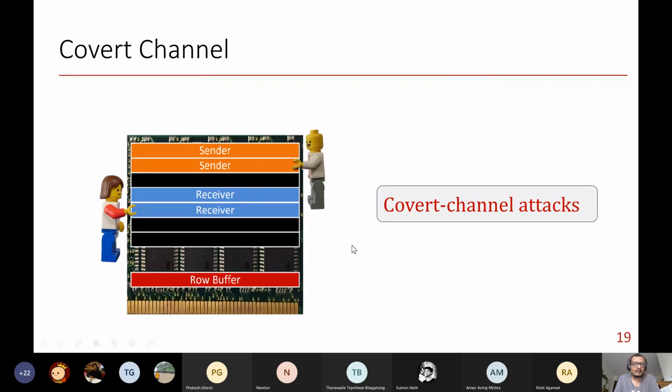If you are getting a row buffer conflict, then it is zero, right? Again, the bandwidth will be a concern, but theoretically, and even non-theoretically, you will be able to leak a few bits, if not GBs, right? So that's how it is. I don't want to get into these things because this is the same as the cache: cache hit, cache miss, or row buffer hit, row buffer miss. That's the difference. No big deal.